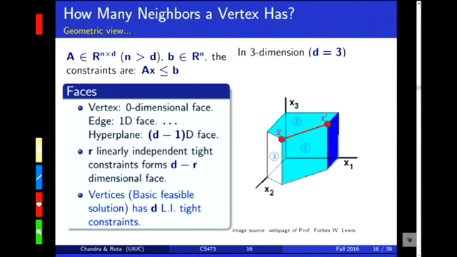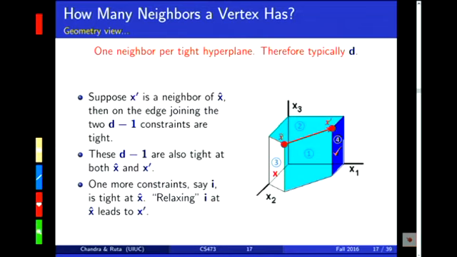So in general, in d dimensions, you have d linearly independent hyperplanes tight at a vertex, and on an edge, d minus 1 will be tight. So when we want to move from, say, x hat to x prime, what are we doing? On this edge, two hyperplanes are tight, and these two hyperplanes are tight at x hat as well as x prime.